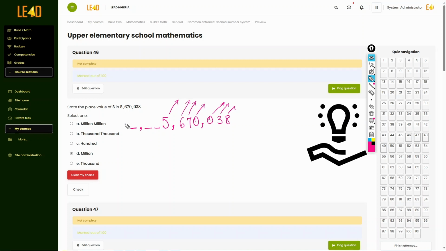So you can actually count in groups also. From the units group, which we really don't name, to the thousands group of 3, to the millions group of 3, and then to the trillions group of 3. And in each group, we have unit, tens, hundred. So that's for question 46.